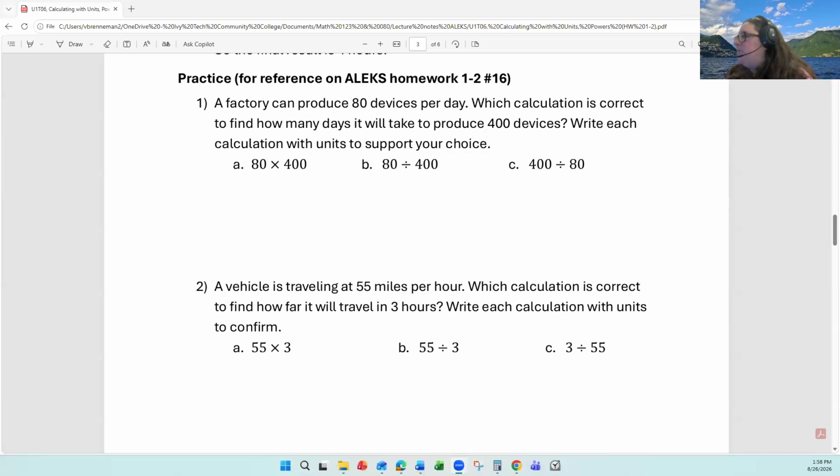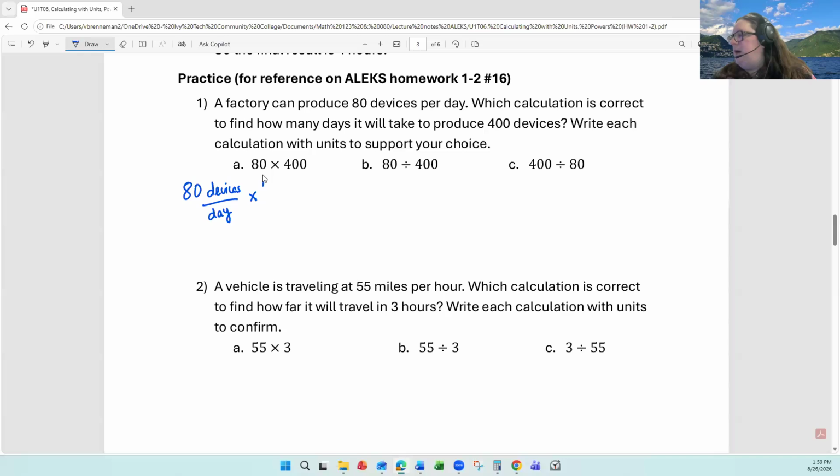So you can use that to help figure out the correct calculation if you have numbers with units that you need to combine in some way. So if we have 80 devices per day and 400 devices, and we want to look at how we might combine those, if you took the 80 times 400, 80 devices per day would be written as devices divided by day.